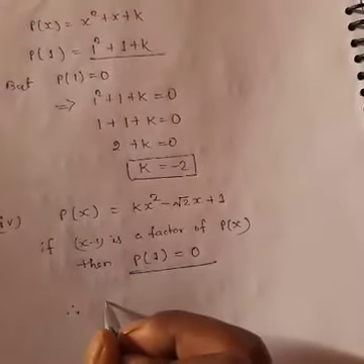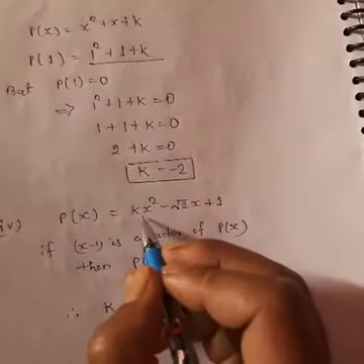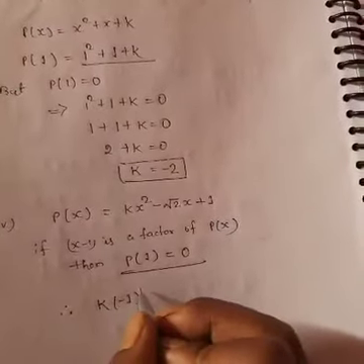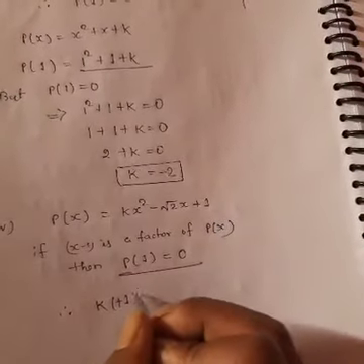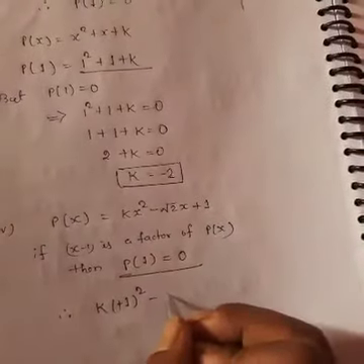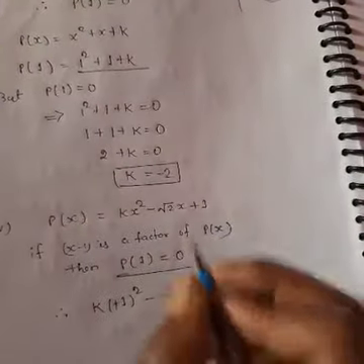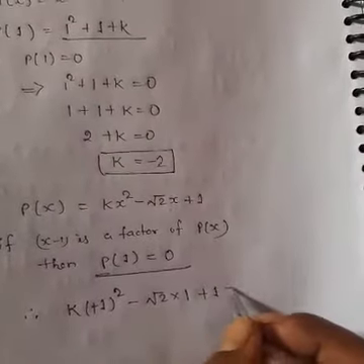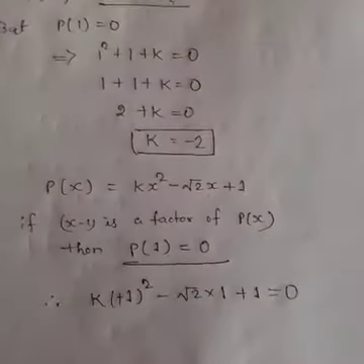Therefore we have to place x equals 1, so k times 1 square minus square root 2 times 1 plus 1 should be equal to 0.